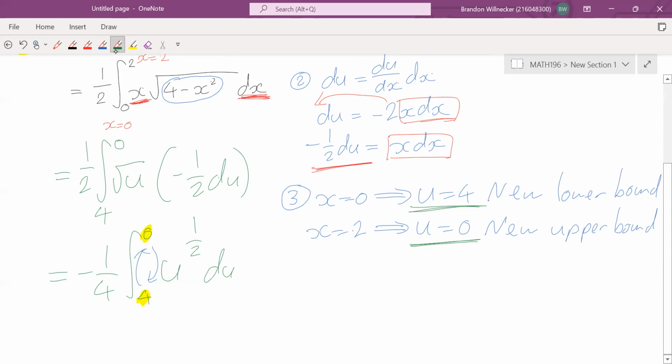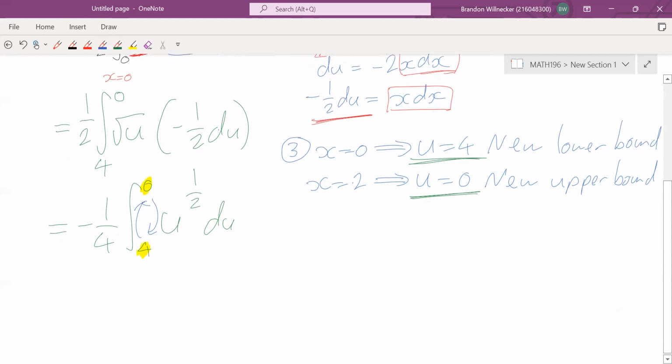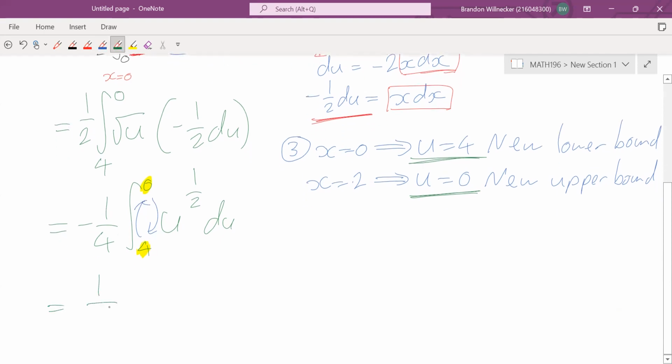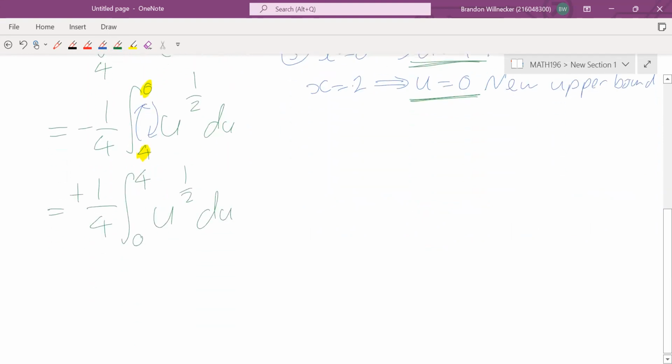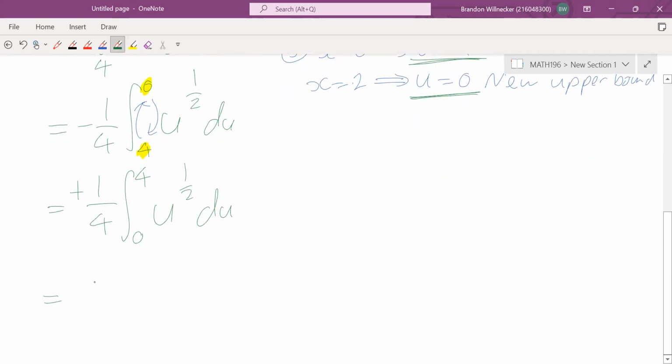So the minus will then become a plus. So this becomes 1/4, because the minus became a plus, the integral from 0 to 4 of u to the 1/2 du. Okay, so now we just integrate.